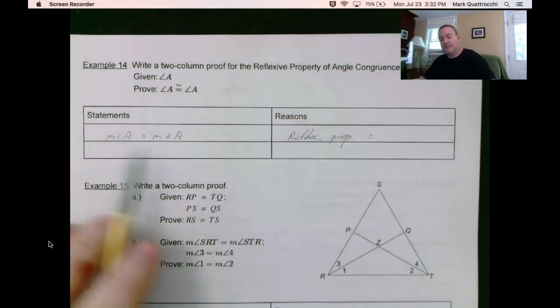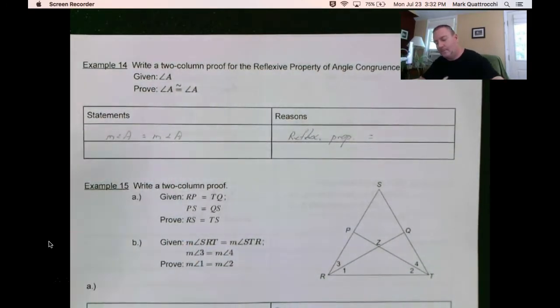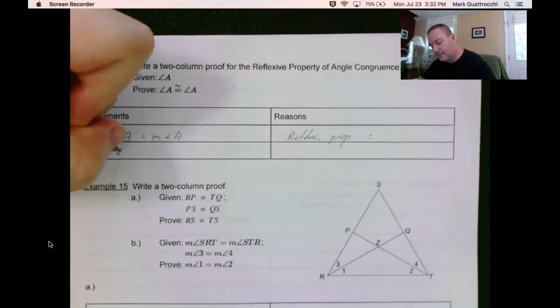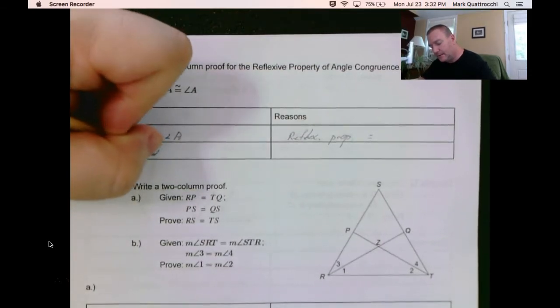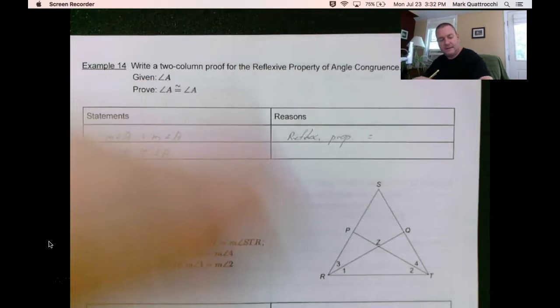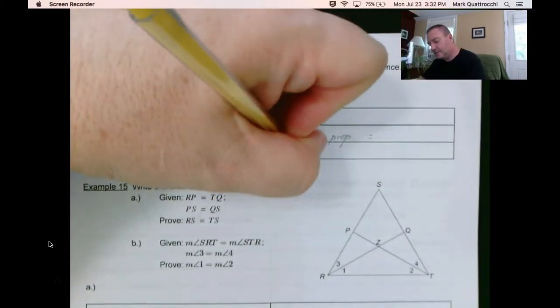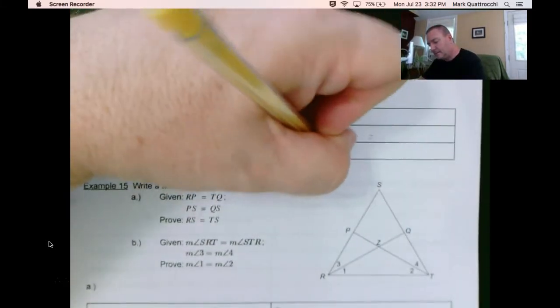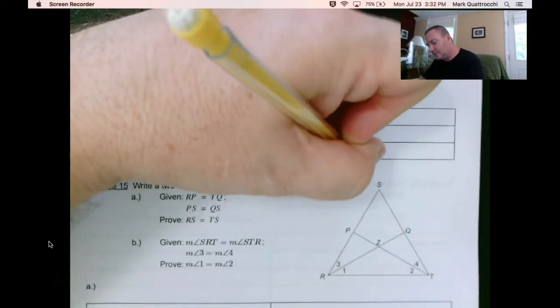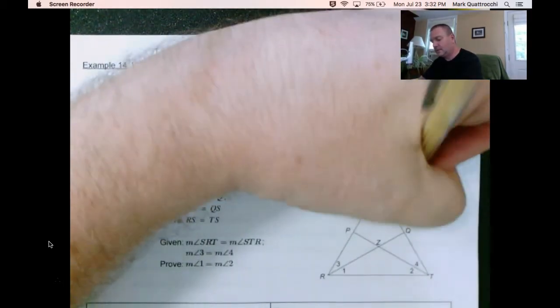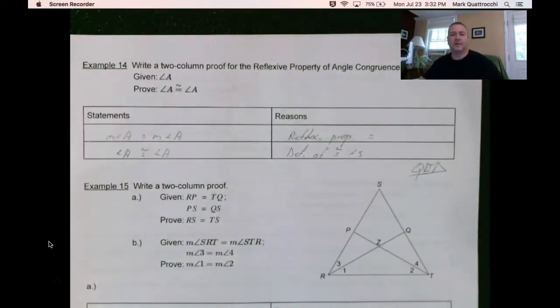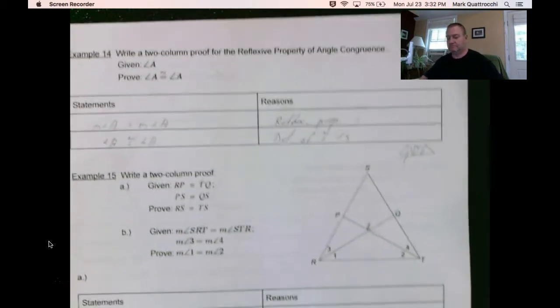Okay. If two angles are equal, then they are congruent. The measures of two angles are equal, and the angles are congruent. That's the definition of congruent angles. And we have proven, QED, the reflexive property of congruence.